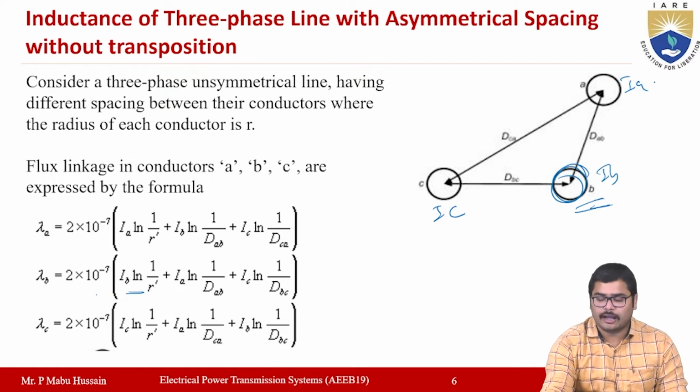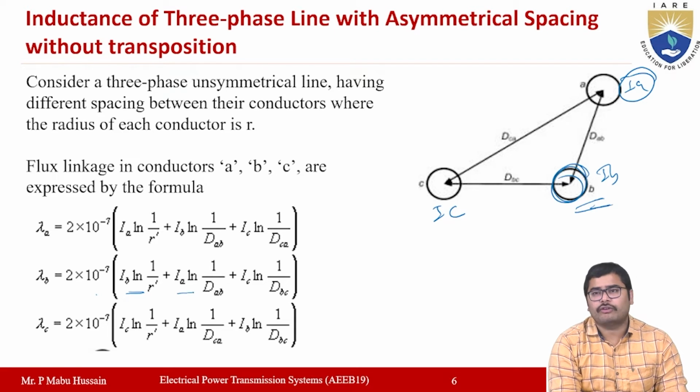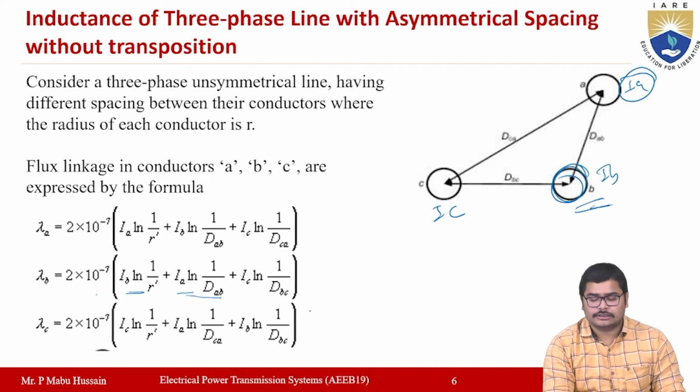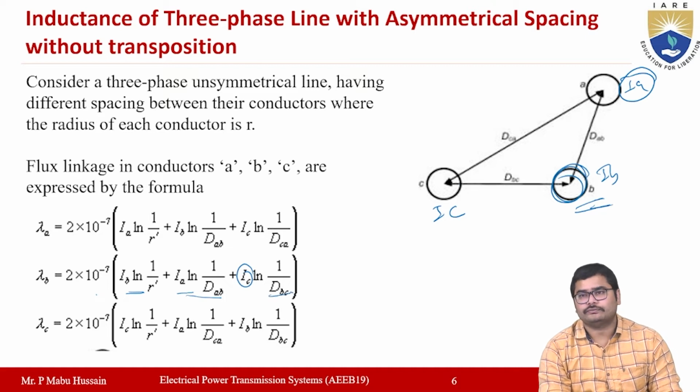If you take the current IA here, then that value will be IA ln 1 by the distance between B and A, which is DAB. Plus due to current IC, the flux linkage will be IC into ln 1 by the distance between B and C, which is DBC. So this is the flux linkage of conductor B.